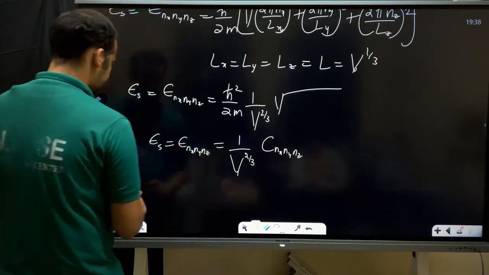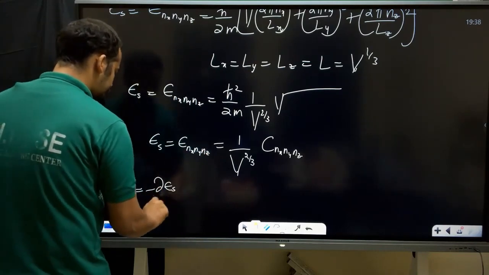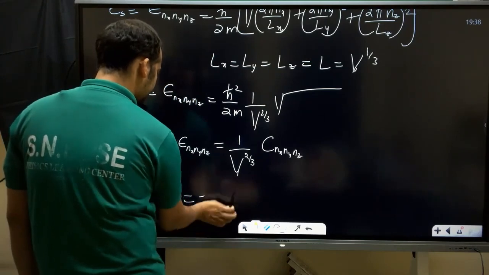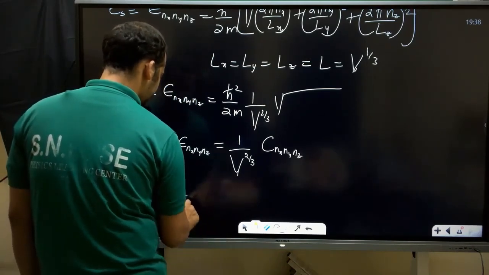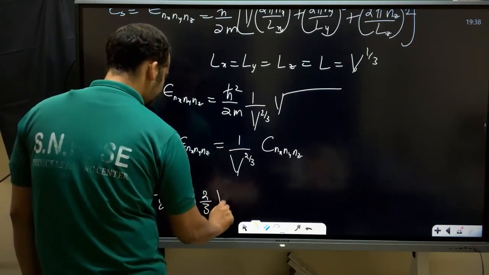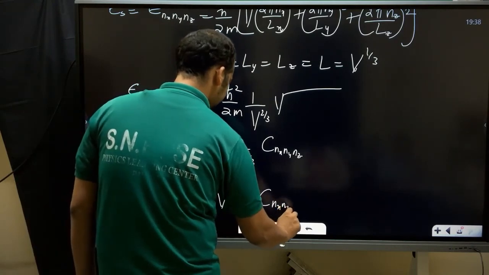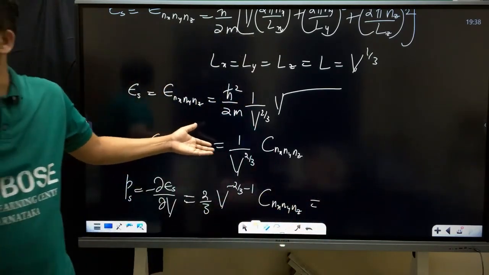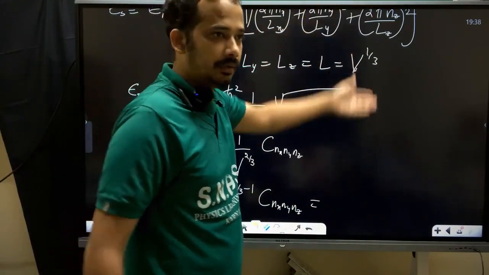Now Ps is nothing but minus ∂Es/∂V. When you do this, minus plus 2 by 3, am I right? 2/3 V^(-2/3 - 1) C(nx, ny, nz). The ultimate idea is writing this again in terms of this energy, so that when you substitute back, it will convert to that average energy expression.